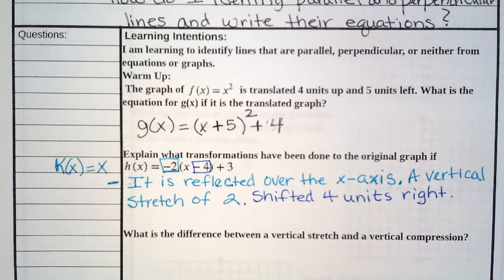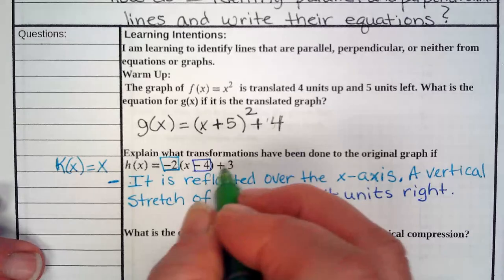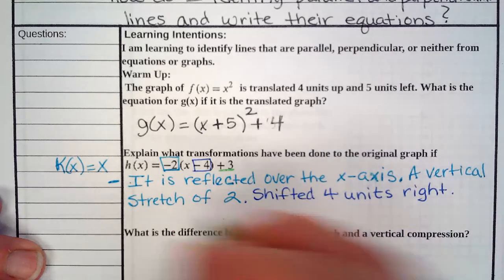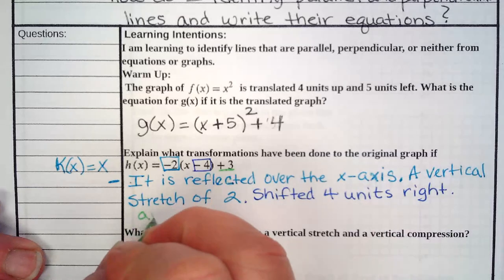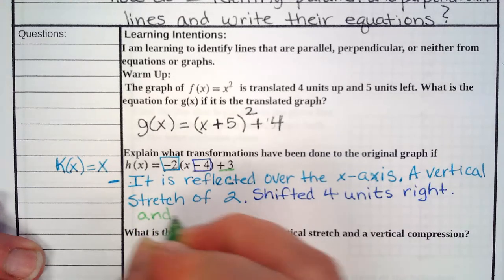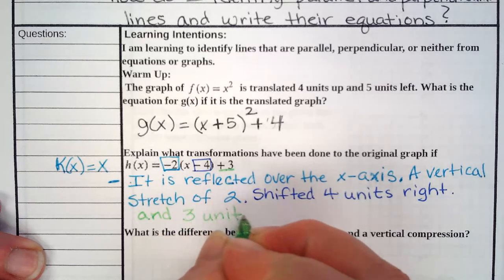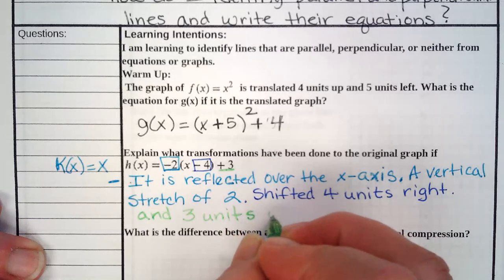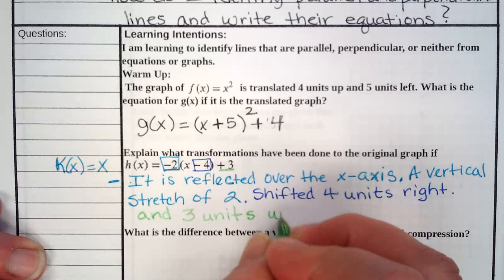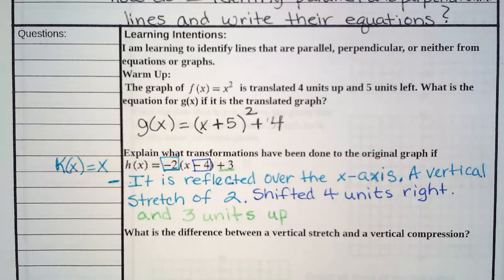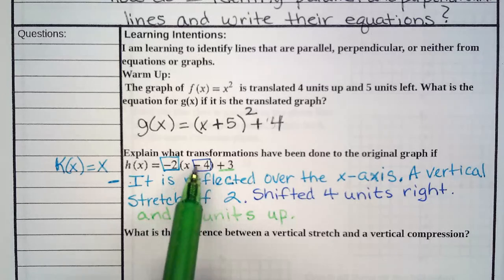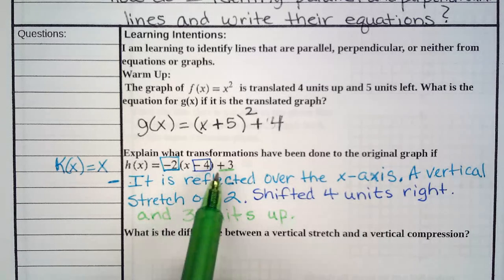And finally, we've added 3 at the end, so 3 units up. Okay, negative means that you reflect it. 2 means it's a stretch. Minus 4 in parentheses means it's going right. Plus 3 on the end means it's going up.